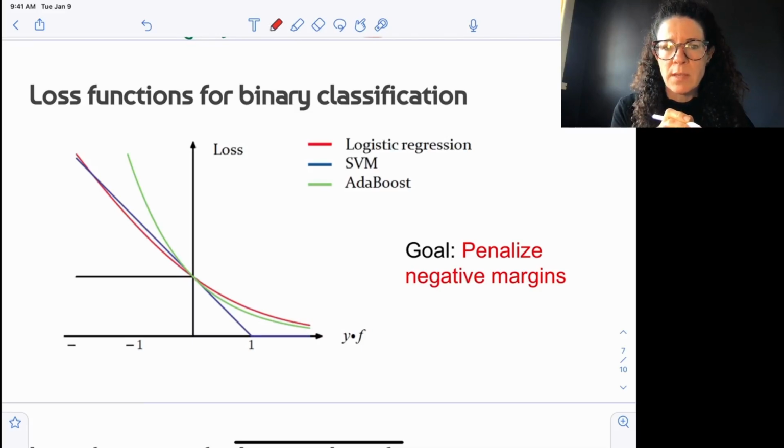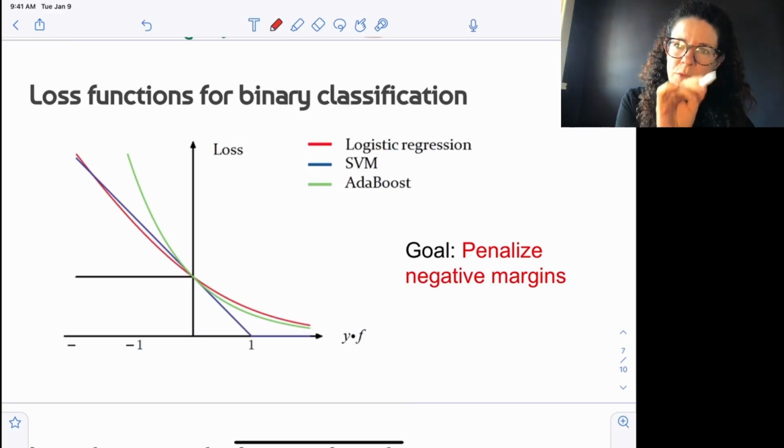You see that the AdaBoost loss function is exponential, so it's going to penalize the large negative margins in an exponential way, while the logistic regression and the SVM losses are kind of linear in the margin.